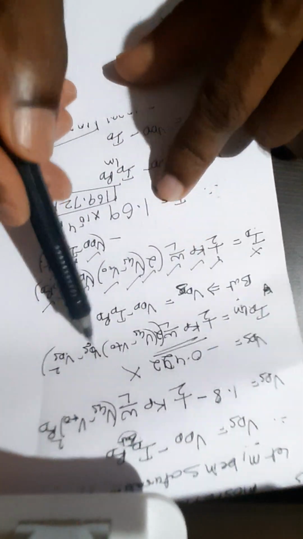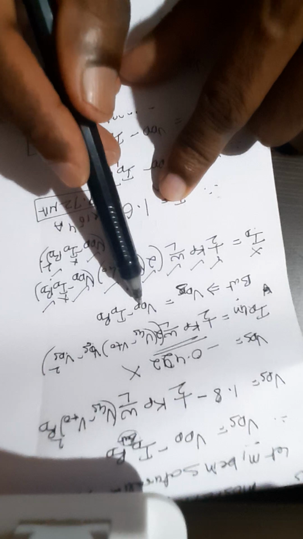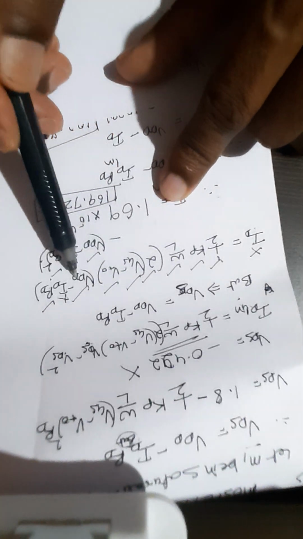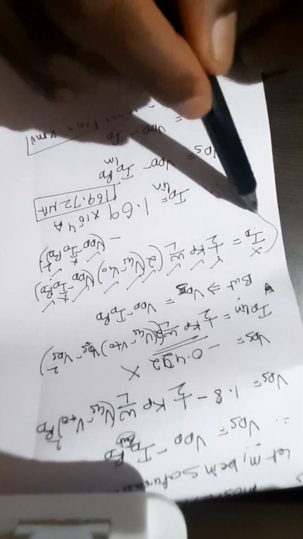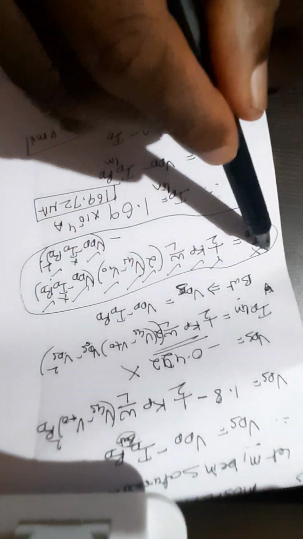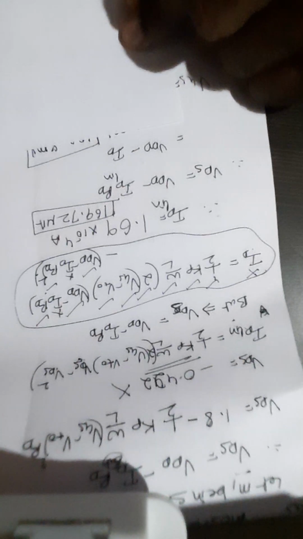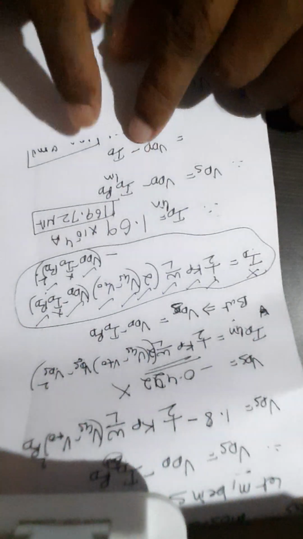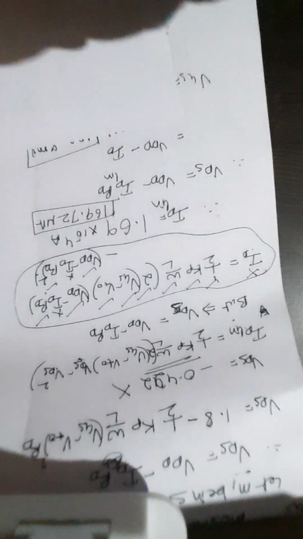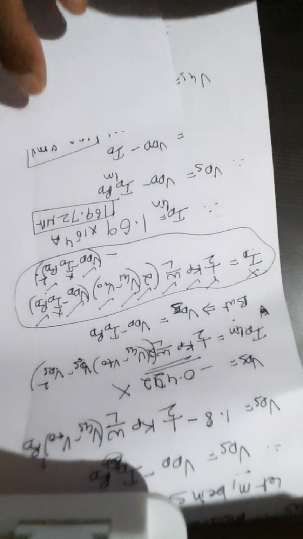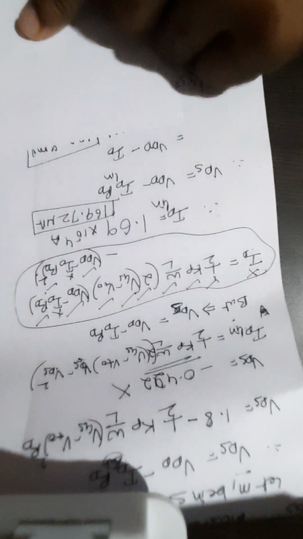To know VDS, again you are writing that VDS as VDD minus ID RD. In this ID is again unknown. So we substituted here and then we entered this value onto the calculator as it is and we solve for this ID. So this way we can comfortably find an unknown parameter when an unknown parameter is on either side of the equation. Hope this is going to help you. Thank you.